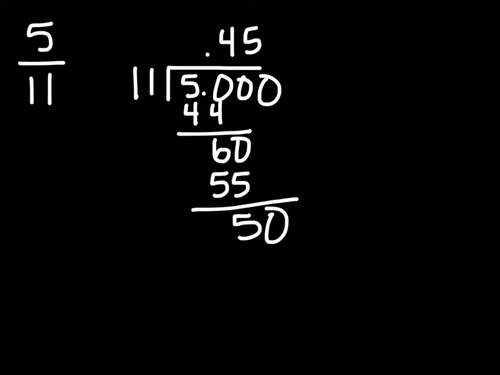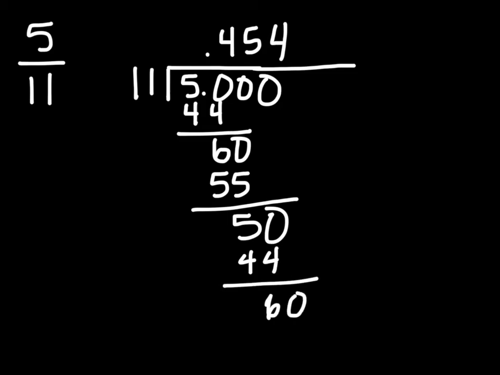Add a 0. Once again, we'll go in 4 times. 4 times 11 is 44. 6, you're starting to see a pattern here? I am. We're just going to keep doing this over and over again, where we have 0.45454545. So this is a repeating decimal answer.